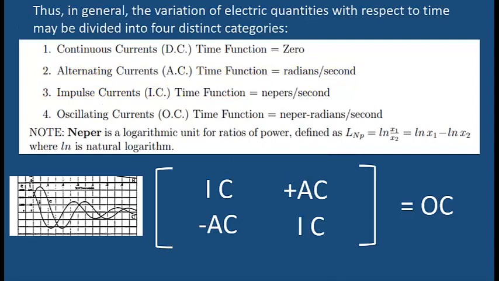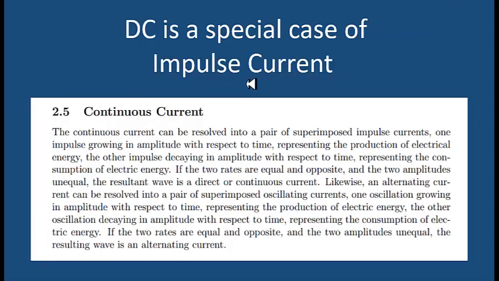So the reason I think that Eric Dollard might not agree with me on this is because in section 2.5, where he talks about direct current being able to be produced with two impulse currents, he goes on to say, likewise, an alternating current can be resolved into a pair of superimposed oscillating currents, one oscillation growing in amplitude with respect to time, representing the production of electric energy, and the other oscillation decaying in amplitude with respect to time, representing the consumption of electric energy.